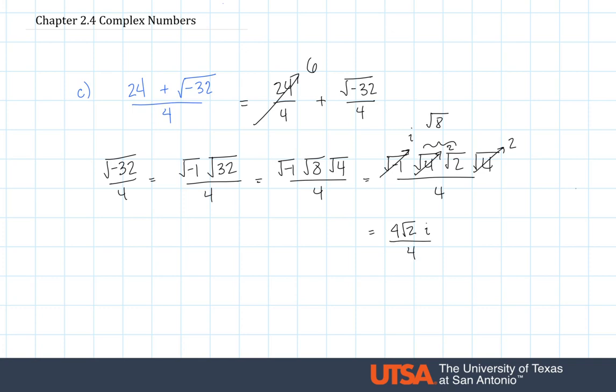And since we're multiplying everything on the top, we can just cancel these, and then this whole term just becomes root 2 i. So then the whole thing together, we have our part a, the real part, which is 6, and then we're adding root 2 i at the end. And it's important to know that the i is on the outside of the radical, not on the inside.